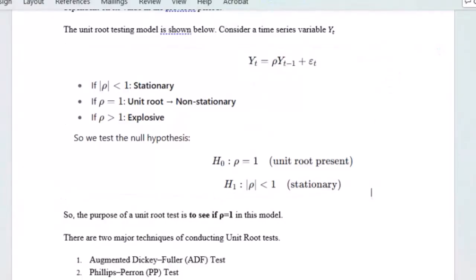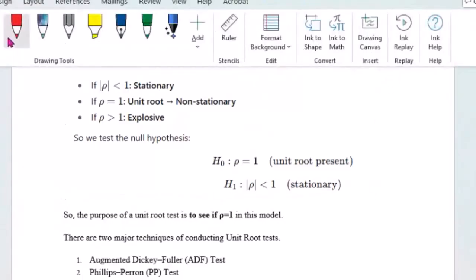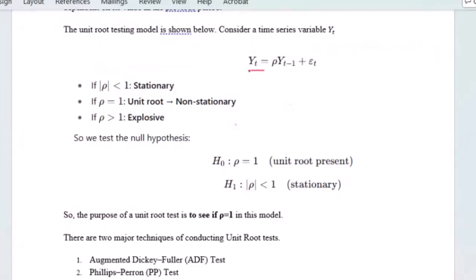So what we are saying here is that the variable at the moment, t, the current moment, is influenced by the previous period, t minus 1. This is the model that we use to carry out the unit root test, and we assume that the current period, yt, is affected by the previous period, yt minus 1.